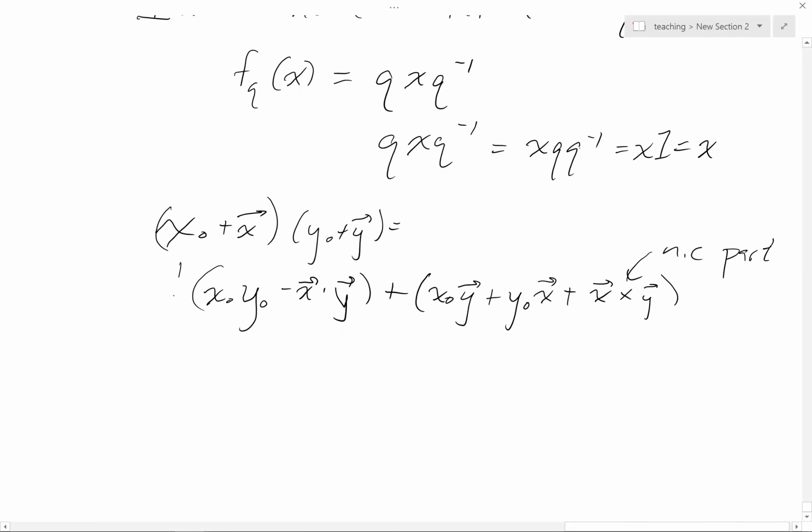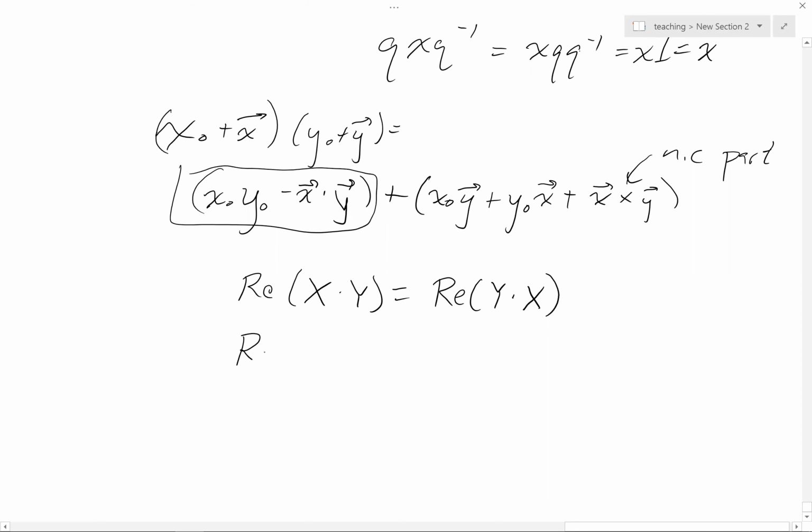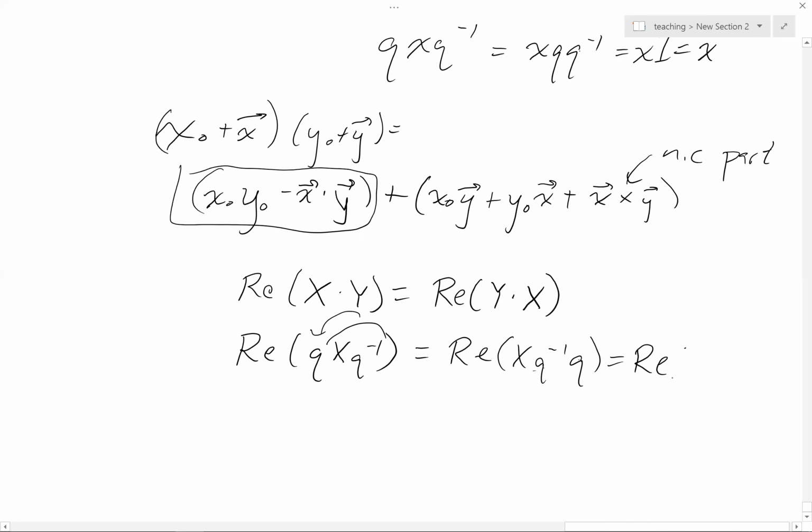In particular, if I just look at this real part here, I see that the real part of, let me just call these big X, big Y, X times Y is the same as the real part of Y times X. So in particular, if I do the real part of qx q inverse, because I can flop things around inside a real part, this is the same thing as the real part of, if I take these two, move them up front, x q inverse q, and then q inverse q is 1, so this is the real part of x.